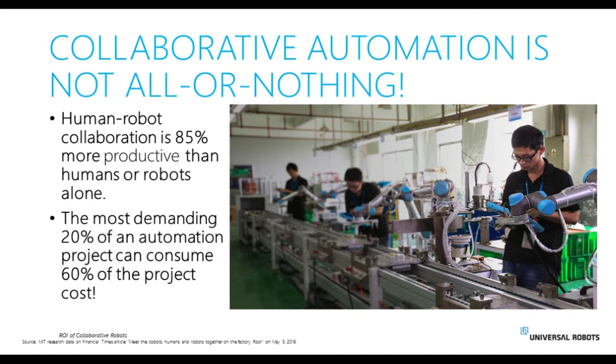With collaborative robots, by utilizing the efficiency of humans and robots working together, you can very easily stage in automation as you generate your ROI, incrementally automating your processes in the most efficient way possible. As it says, the most demanding 20% of an automation project consumes 65% or 60% of the project cost. Now, that's the 80-20 rule too. You're probably getting 80% of your benefit out of automating part of the process, and that's where cobots really shine.